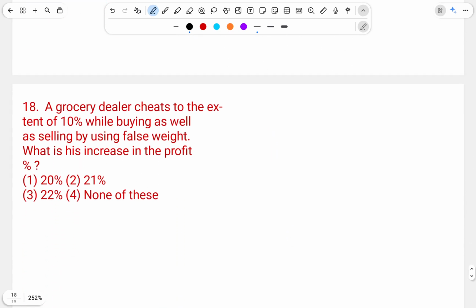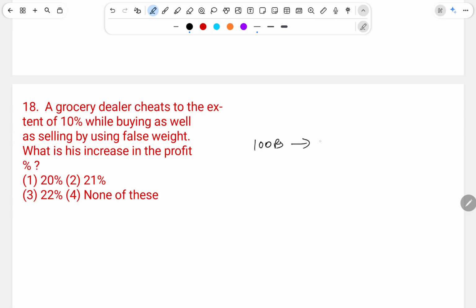A grocery dealer cheats to the extent of 10% while buying as well as selling by using false weight. What is the increase in the profit? Grocery dealer cheats to the extent of 10% while buying. The meaning is that if 100 rupees is the cost, a grocery dealer cheats to the extent while buying.